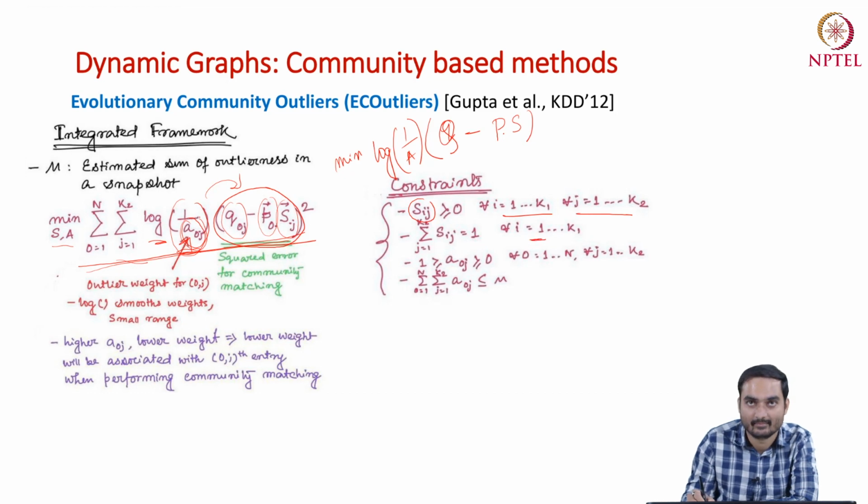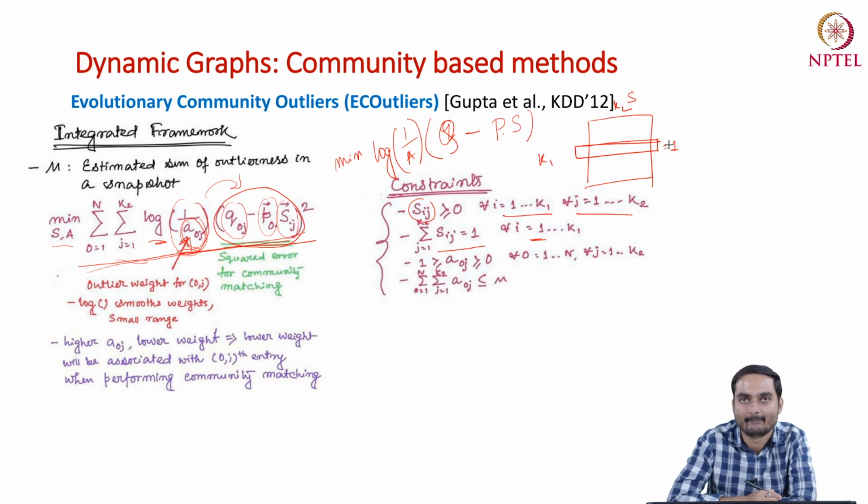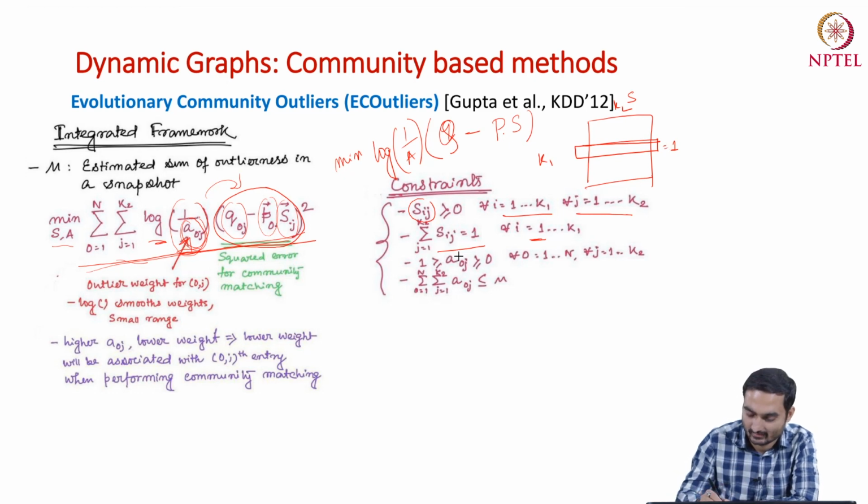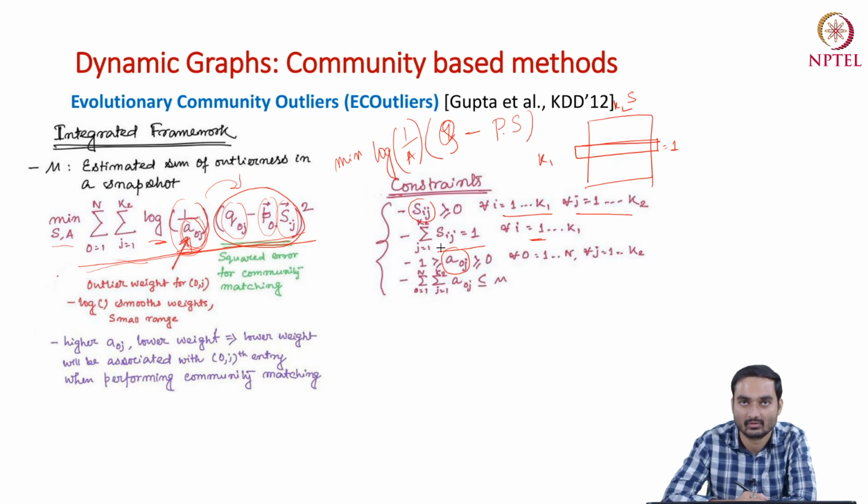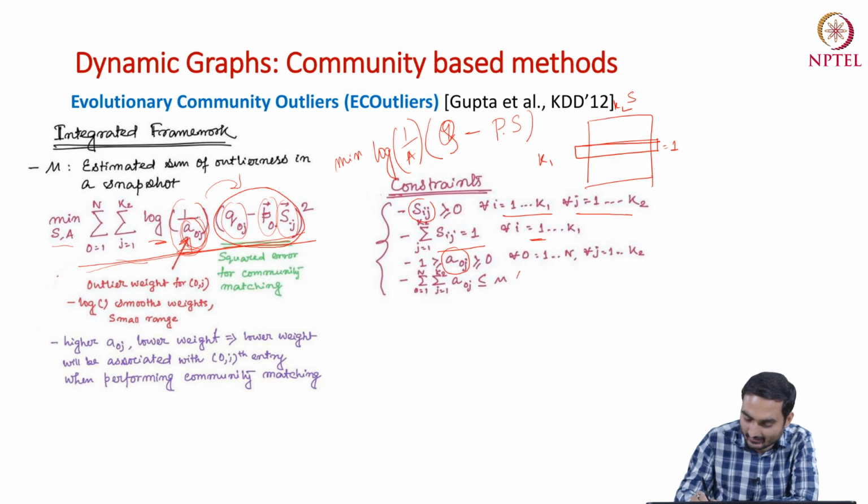For a given i, the sum should be 1. So, if we think of S as K1 cross K2, in each row the sum should be 1. Each entry in the outlierness matrix should be 0 or positive, and should not be negative. This is very important.